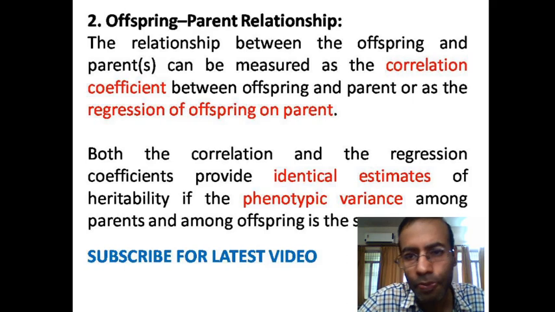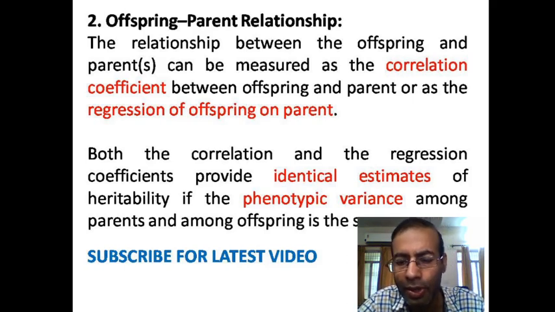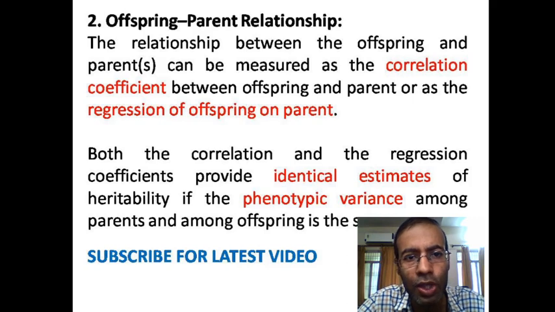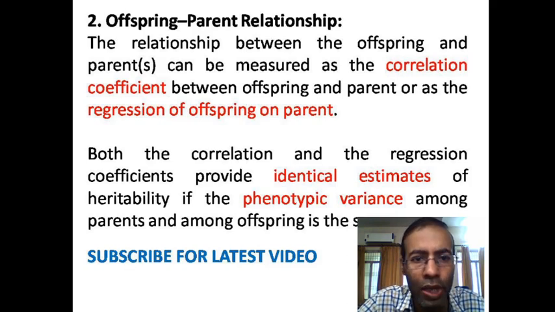Again I am repeating, we can estimate heritability using offspring parent relationship by two approaches. The first is we can measure correlation coefficient between offspring and parent, or we can estimate regression of offspring on parent.